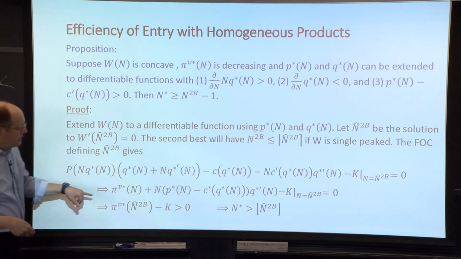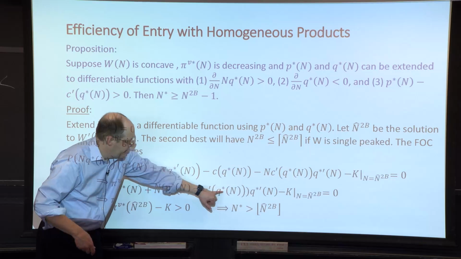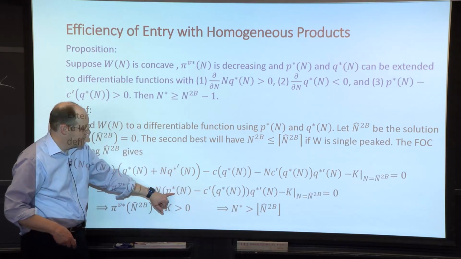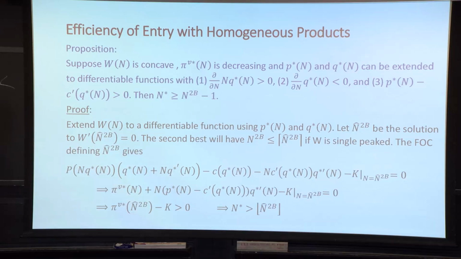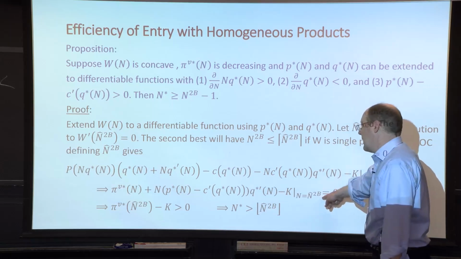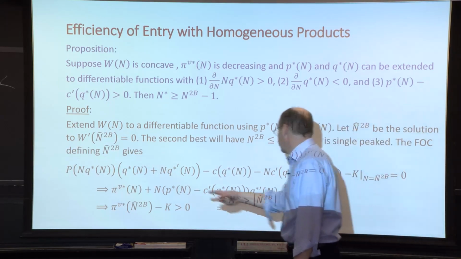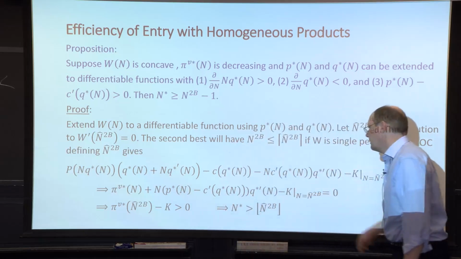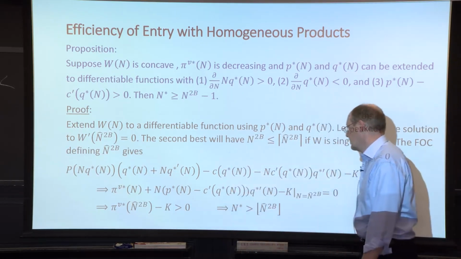And then under this assumption that I made, that price minus marginal cost is always positive at the equilibrium prices, this is a positive number. And so what that means is that if you evaluate this at n hat second best, I get variable profit minus k plus this equals 0.